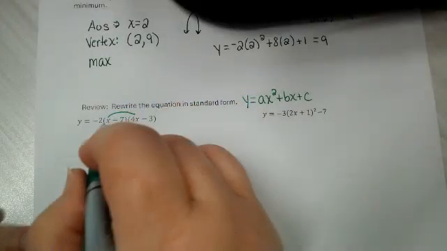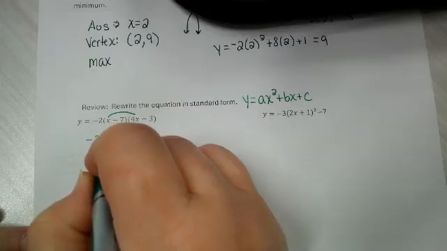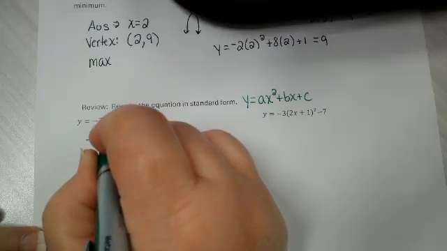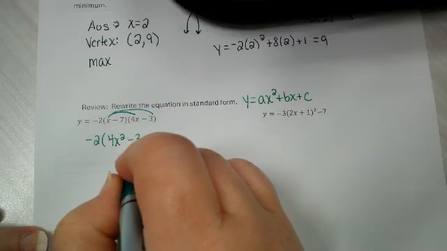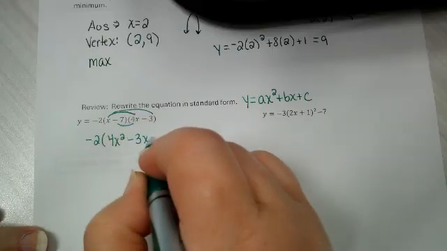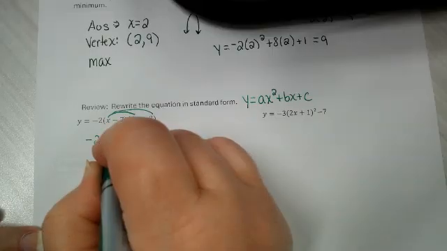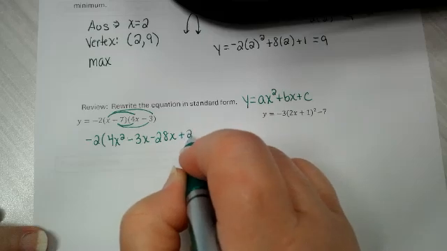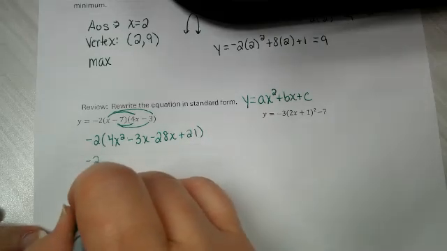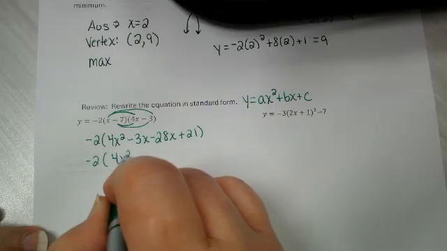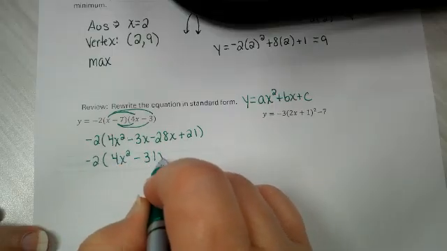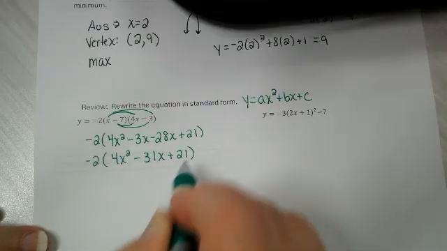So I've got 4x squared minus 3x minus 28x plus 21. So that means 4x squared minus 31x plus 21.